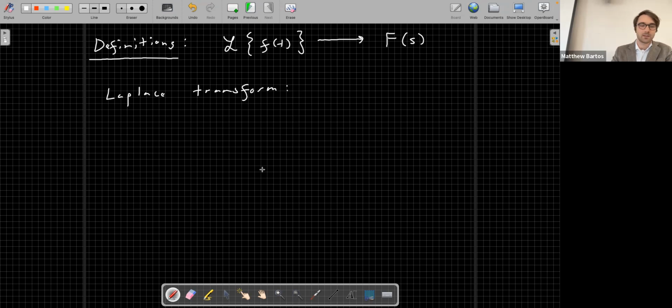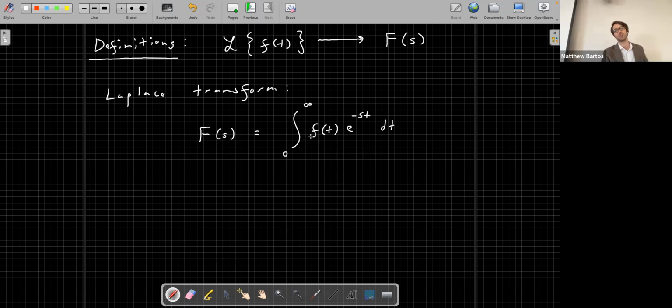Okay, so we have that big F of s is equal to the integral from, for the unilateral transform, 0 to infinity of f(t) e to the negative st dt.